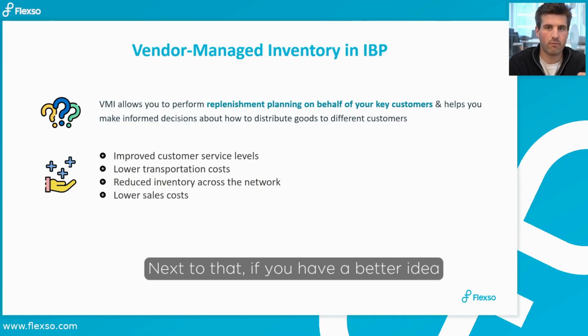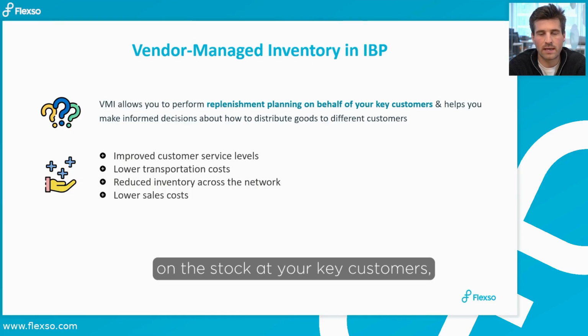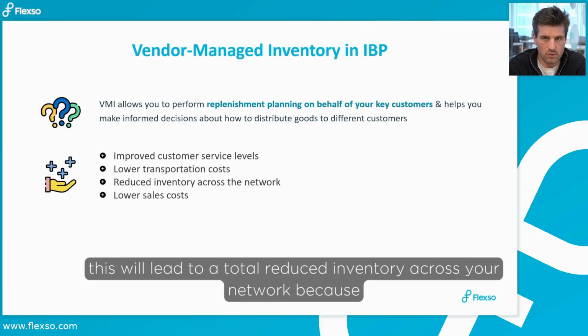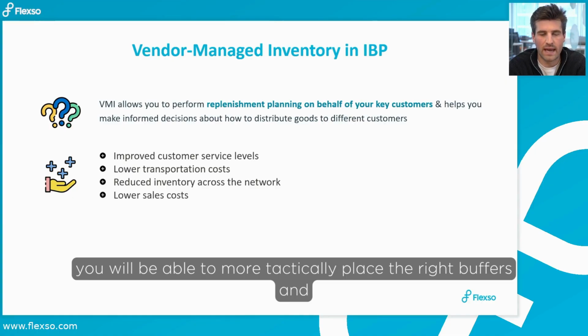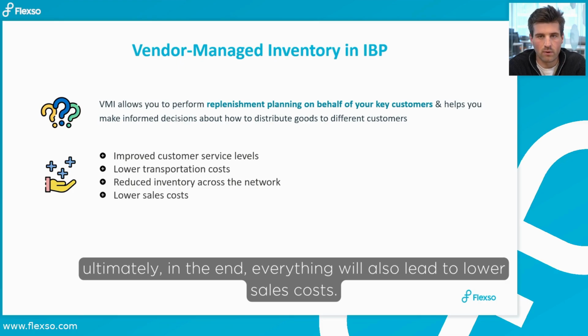Next to that, a better idea on the stock at your key customers will lead to a total reduced inventory across your network because you will be able to more tactically place the right buffers. And ultimately, everything will also lead to a lower cost to serve.